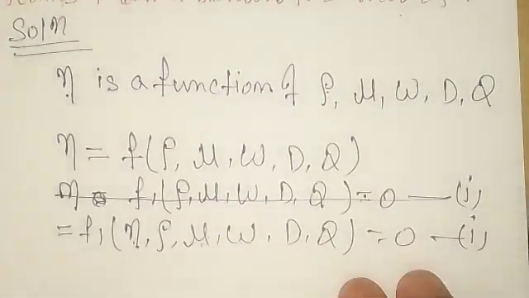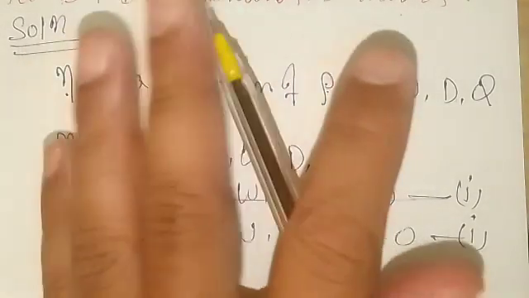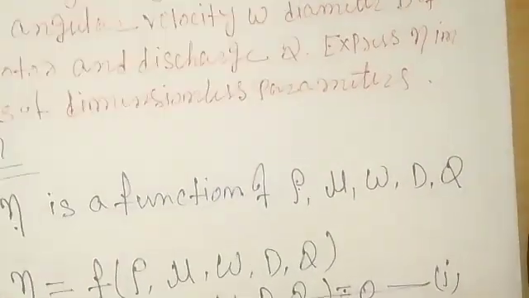So you cannot choose this eta as a repeating variable. Why? Because it is a dependent variable which depends on the other 5 variables. It means that out of 5 you have to select the 3 repeating variables, right? So this one is selected as non-repeating, and out of the rest you have to select 2 non-repeating and 3 repeating variables.